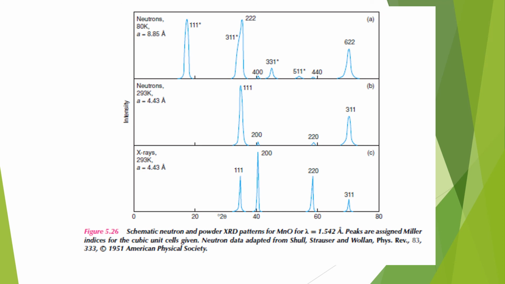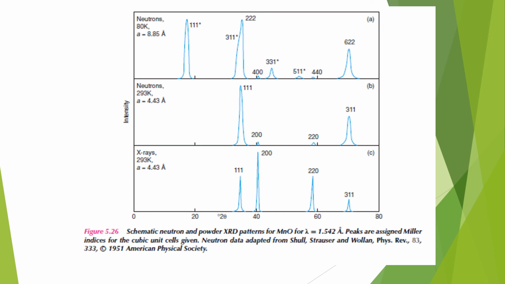At the top there is the neutron pattern at 80 Kelvin, showing a different diffraction pattern for different planes like 111, 311, 222, 400, and 331 planes.